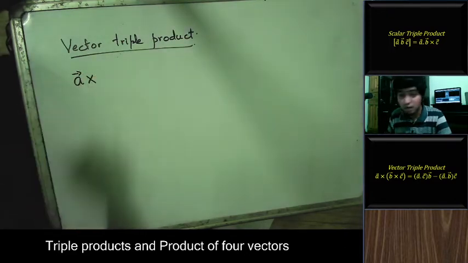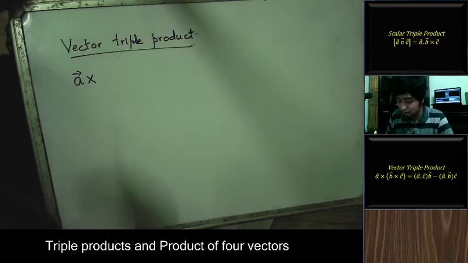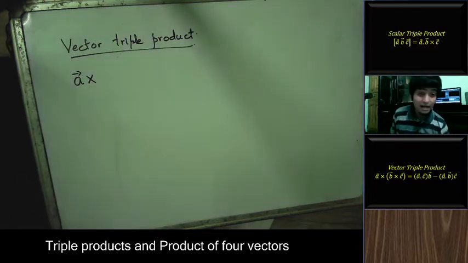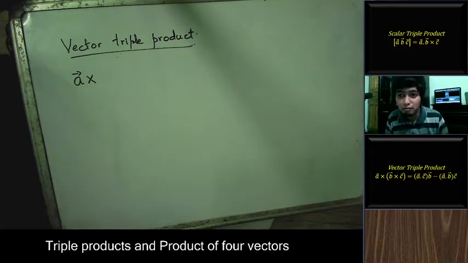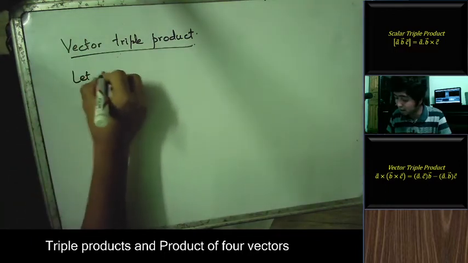Okay, so remember that we are trying to create a product of three vectors. So we have successfully done it with the scalar triple product yesterday. We had three vectors A, B, and C. So also today we will be having three vectors A, B, and C, and we will form a vector out of those three vectors A, B, and C. So let A, B, and C be three vectors.